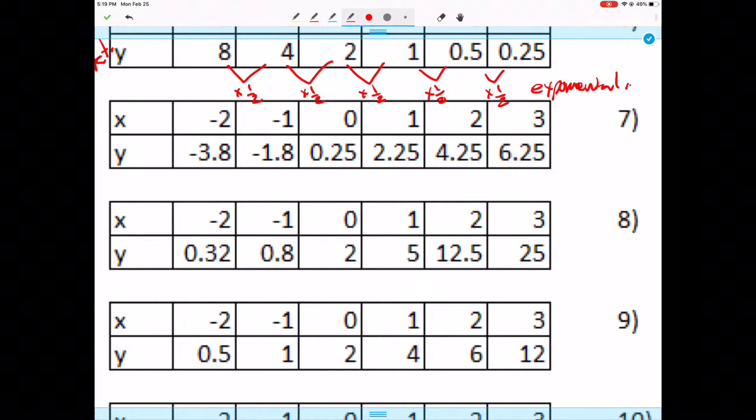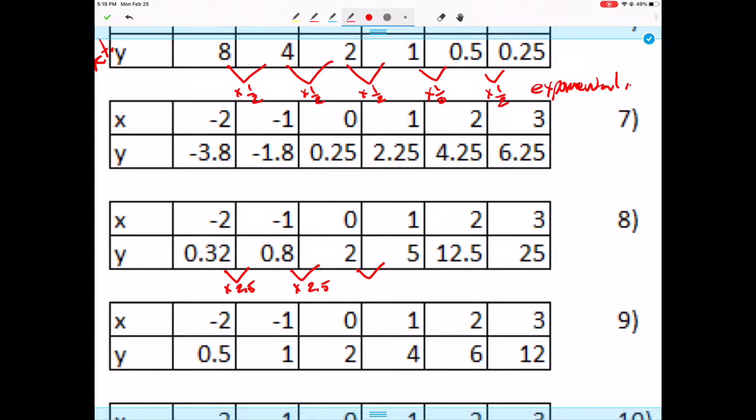So here, you can always find if it's exponential by dividing by what's before it. So if you did 0.8 divided by 0.32, we'd multiply by 2.5. Okay, and let's see if that continues. So 0.8 times 2.5 gives us 2, so that is multiplied by 2.5.